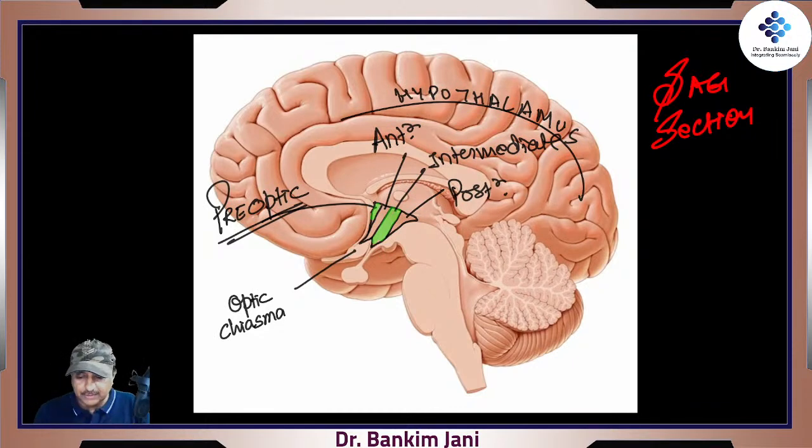All these areas you're watching will be part of the medial zone. Getting it? So if I scrape it off and go inside, I'll come across periventricular, and then there'll be the ventricle. Correct? Got it?